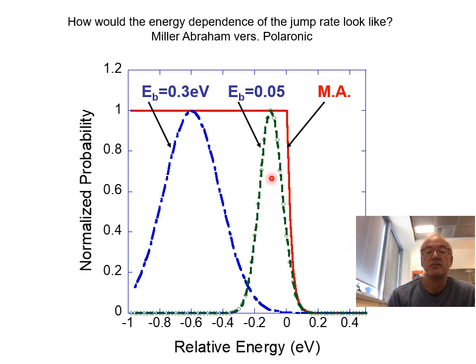But here, you see that for the polaronic rate, or the Marcus theory, when it holds, there is a certain maximum at a lower energy. But if you go too low, the probability goes down again.